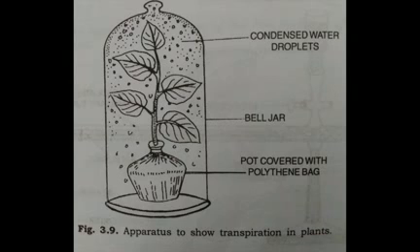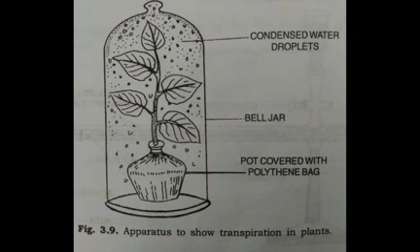Absorption and distribution of salts. Next importance of transpiration is absorption and distribution of salts. Transpiration produces a continuous water current and thereby helps in absorption and distribution of salts.